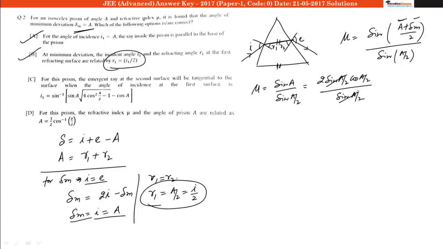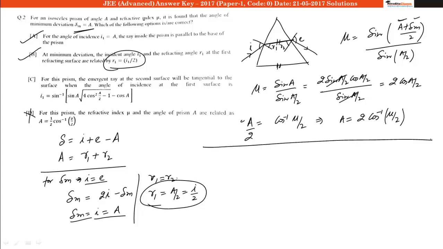The sine A by 2 gets cancelled and we are left with 2 cos A by 2. Or we can say that A by 2 is equal to cos inverse of mu by 2, or A is equal to 2 cos inverse of mu by 2. That's why our fourth option is wrong.